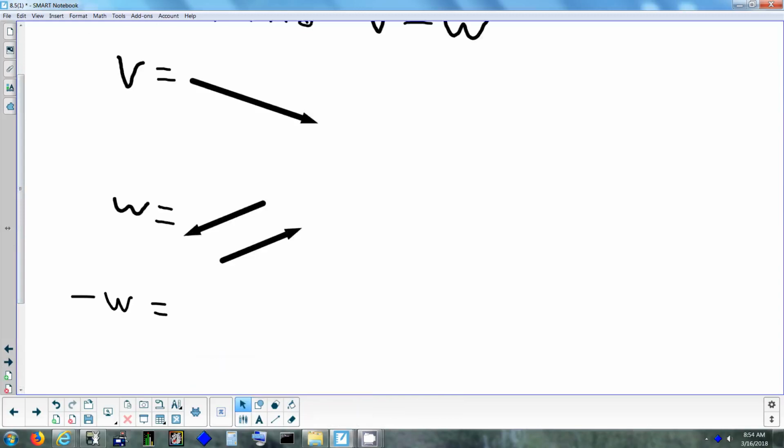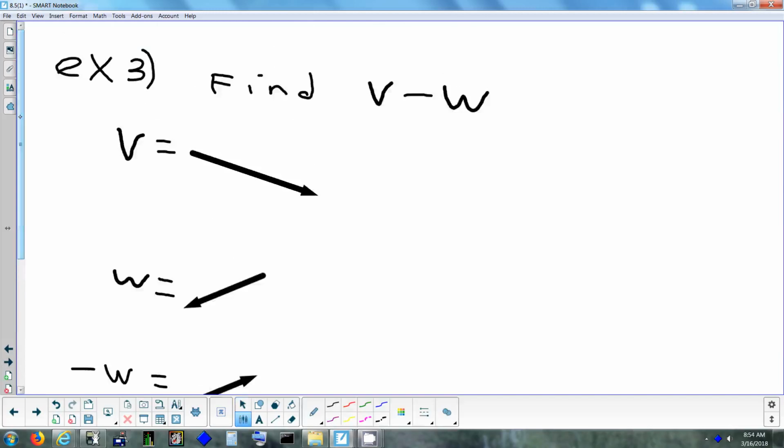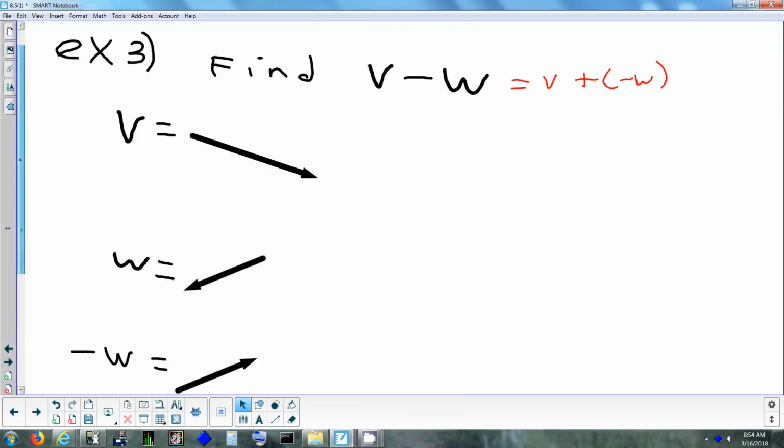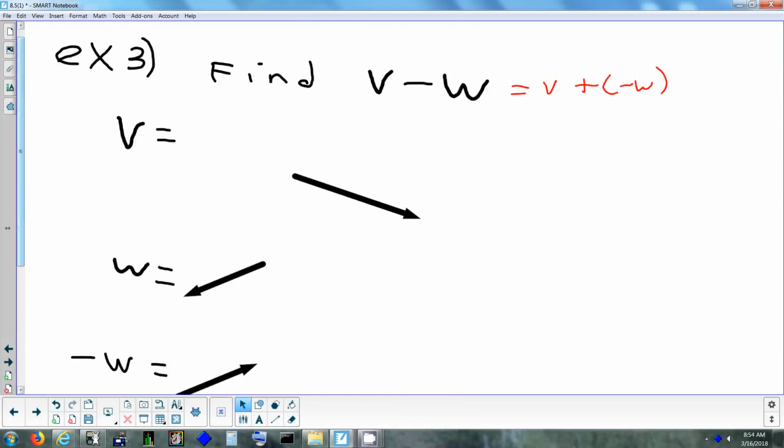And if you do 2 reflections the way that I just did, it effectively rotates 180. Okay, so now I'm going to think of this as addition between vector v and vector negative w. So I'm going to take v, I'm going to take negative w, and I'm going to add them up.